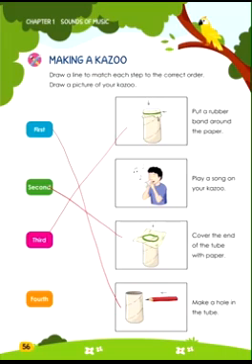Okay, what is the fourth step? Yes, the last one. Play a song on your kazoo. Match. Very good. Turn the page.